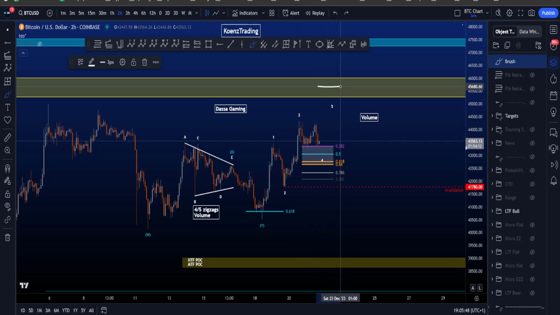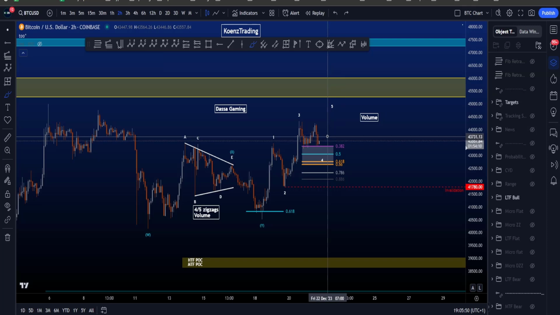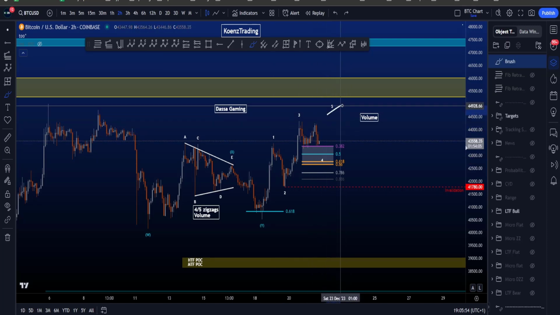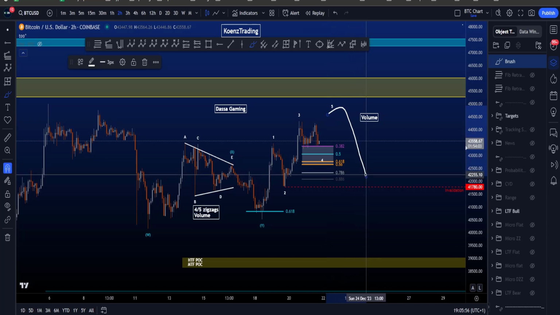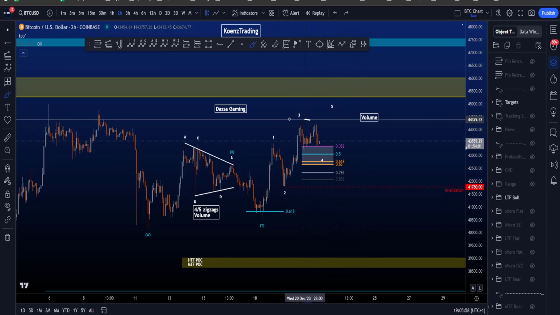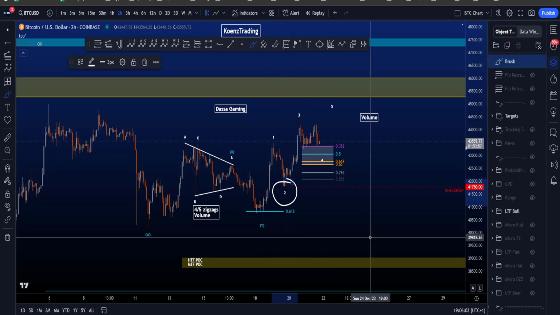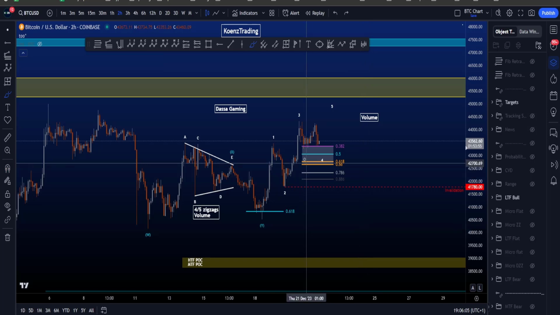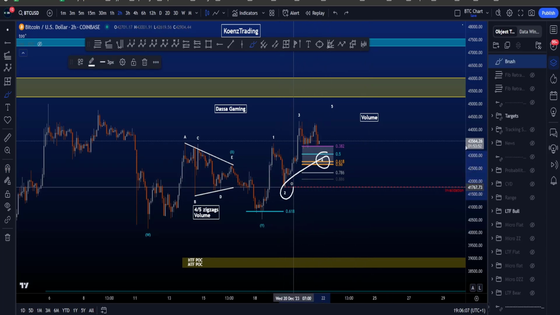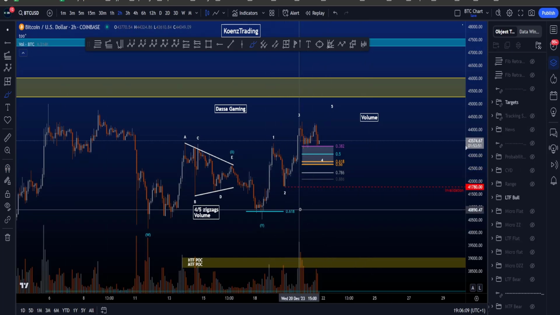Invalidation for wave 5, 45.8k, is exactly the same as well. And after this wave 5, we then want to see a sharper correction to the downside in a wave 2. Now at the moment, as long as the highs here are not taken, the invalidation is price hitting this level over here at 41.7k, because a wave 4 is not allowed to take the low of this wave 2.